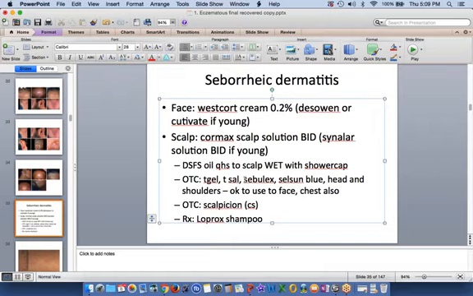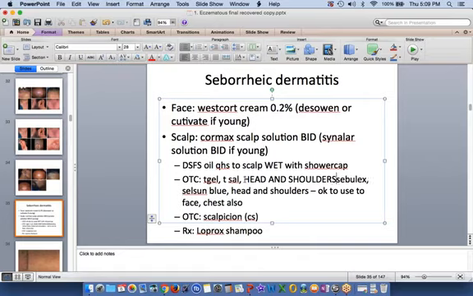Head and Shoulders are very good. I like it a lot. I also like the T-gel a lot here. Then they wash it off in the morning. And then you could use it every other night, okay?